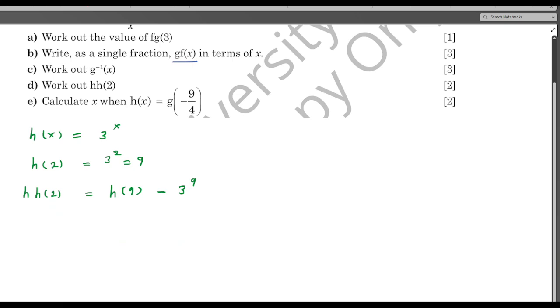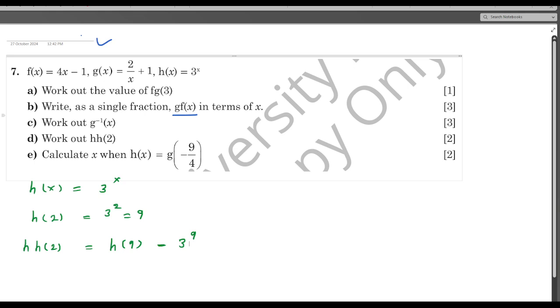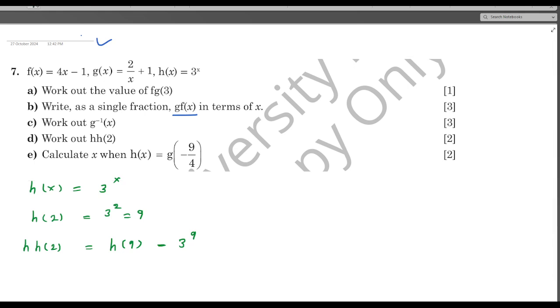Finally, calculate x when h of x is given g of minus 9 by 4. What is given? You have been given h of x as g of minus 9 by 4.